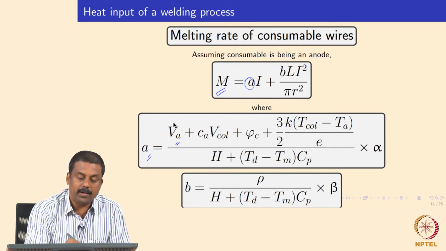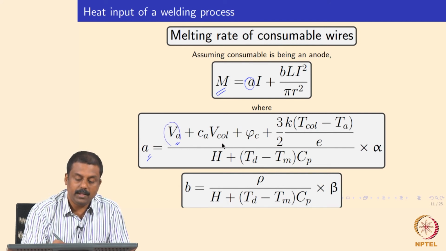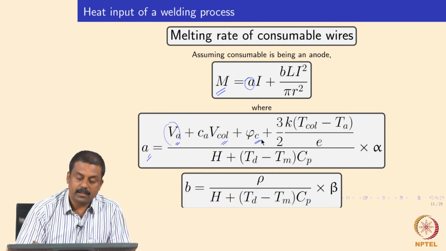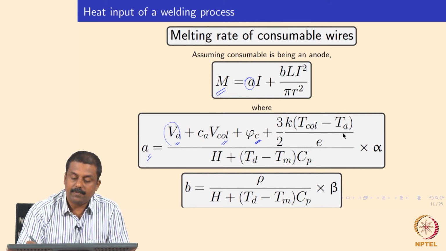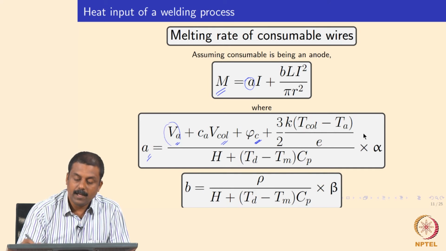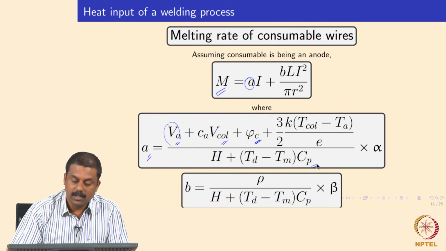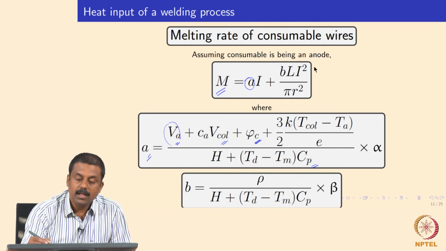For example, the anode voltage, the voltage at the arc column, the cathode ionization potential, the amount of heat needed to heat the anode to the excitation or ionization temperature, and the heat required to melt the electrode and heat the electrode tip above the melting point. With that, now we can calculate the melting rate.